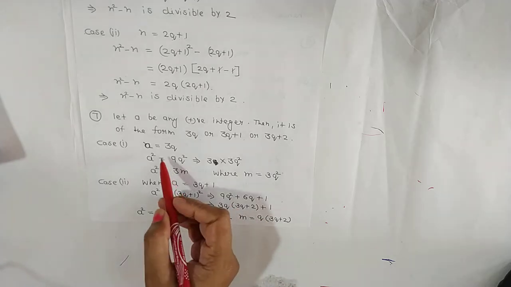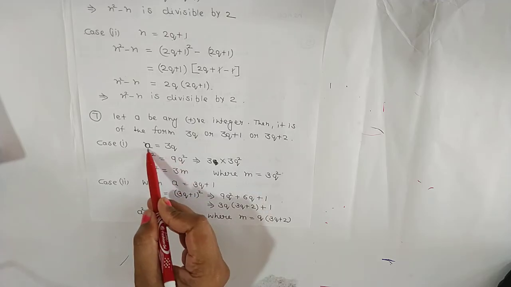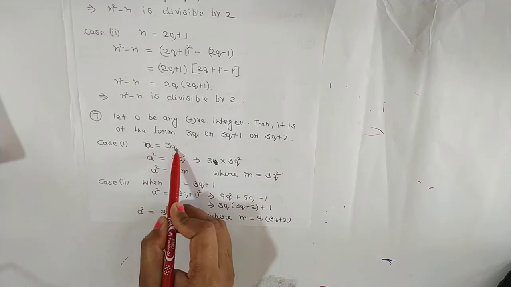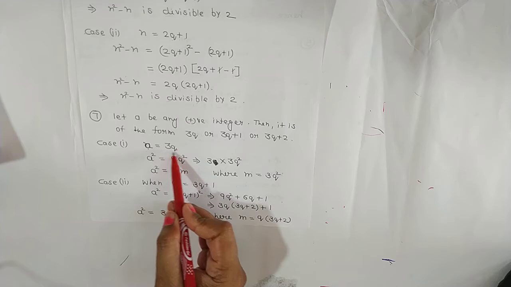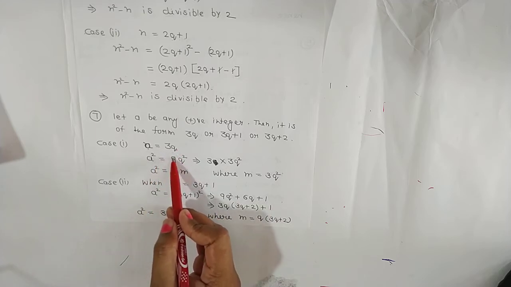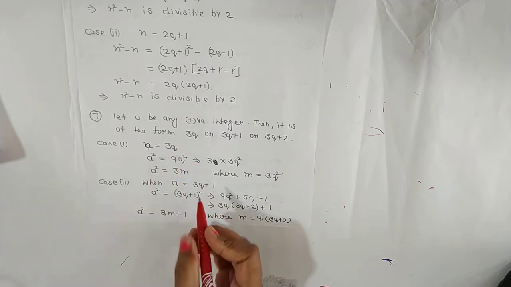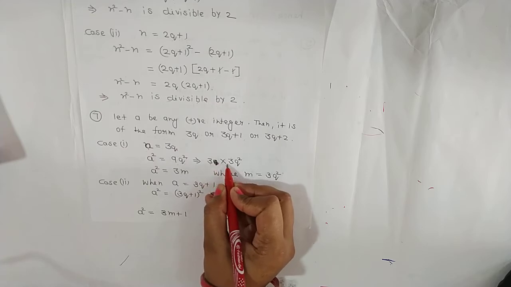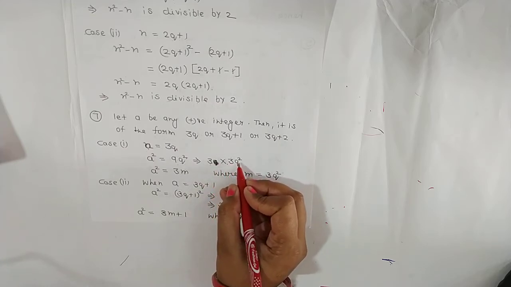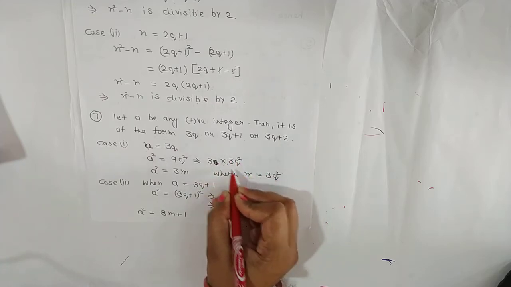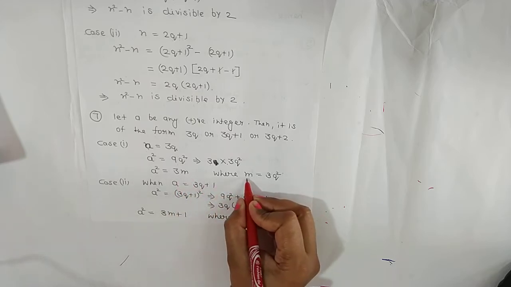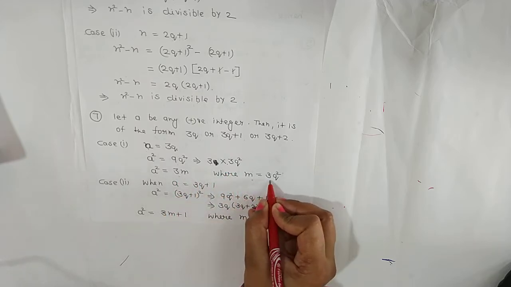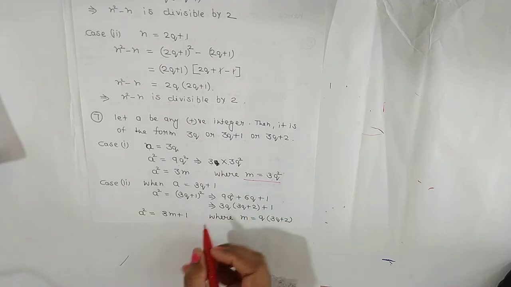Okay, so first case is a equal to 3q. So when we square it, a square is equal to 9q square. So it can be written as 3 multiplied with 3q square. So let us assume it 3m, where m is equal to 3q square.